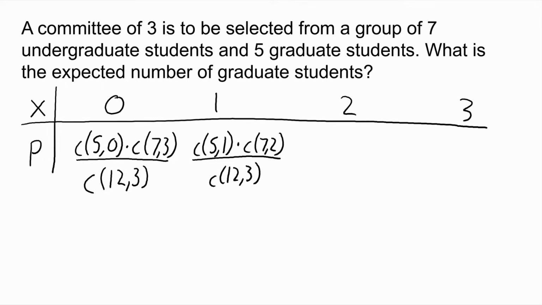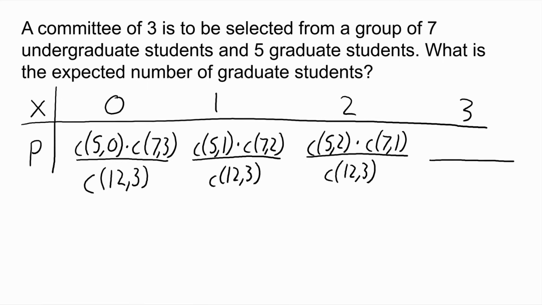And we'd multiply those together. For 2 graduate students, still the same denominator, combination 12, 3. And for the numerator, we want 2 graduate students, so that's combination 5, 2. And combination 7, 1, since we would want 1 undergraduate, and we'll multiply those together.